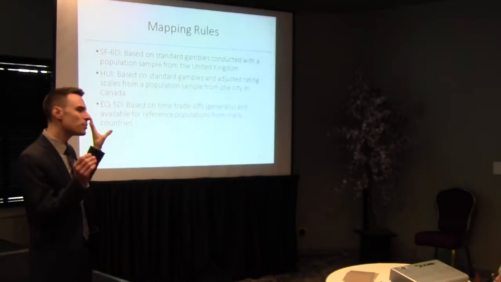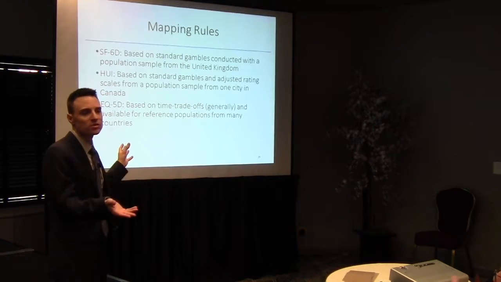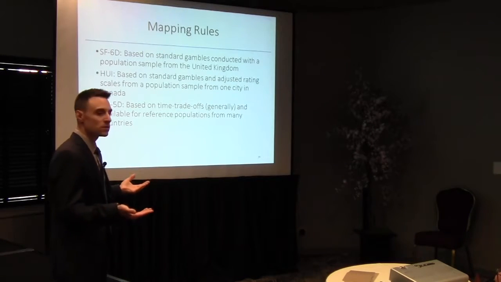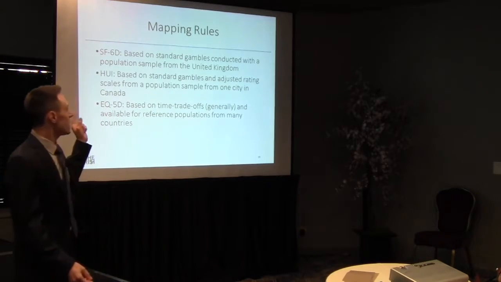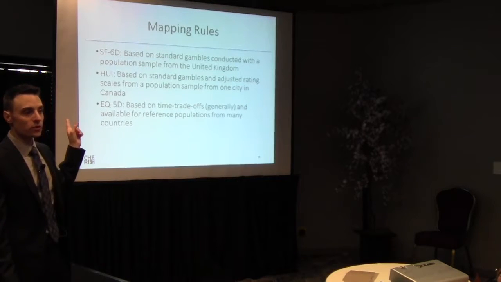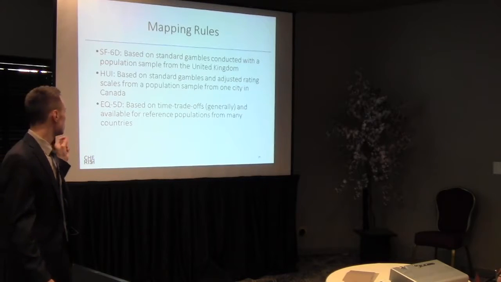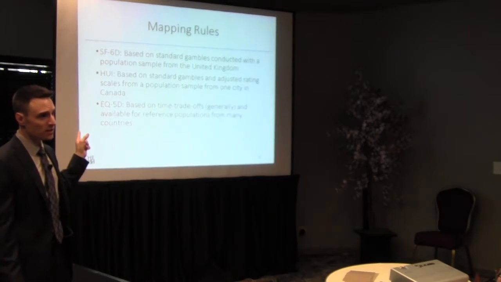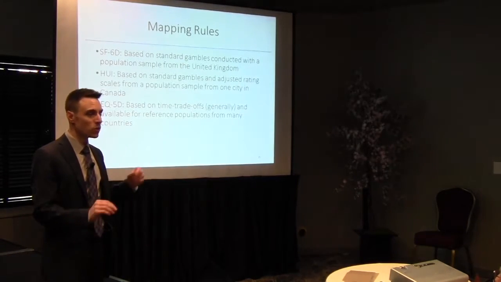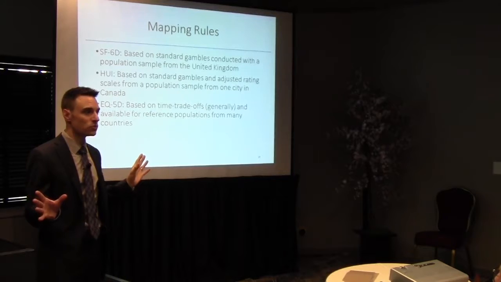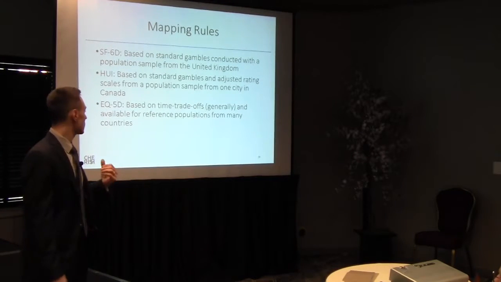So if you believe that the population you're valuing is comparable to the UK, then it's probably okay to do that. There's US values now as well. Oh, there are? Yeah. Okay, so that also has US values. The HUI, I believe, is only for one city in Canada, so that's fairly limited, right? EQ5D probably has the most that I know of anyways. You can look on the website, there are quite a few different countries that we have population values for. So that's always a good place to start, at least, I think.